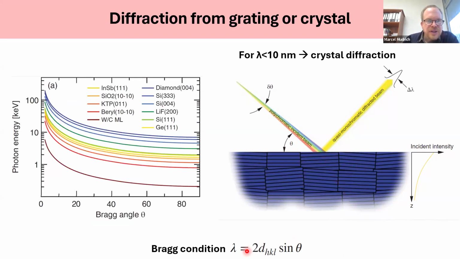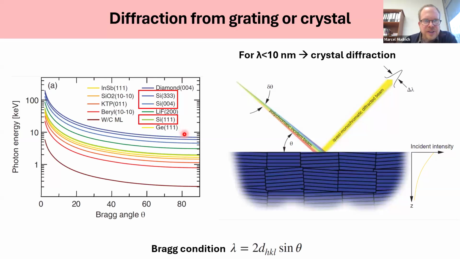Yeah, so here you can see the refraction at different crystal orientations as a function of the Bragg angle. And the most used materials for realizing these crystal grating monochromators in synchrotrons are silicon, mostly silicon 111.